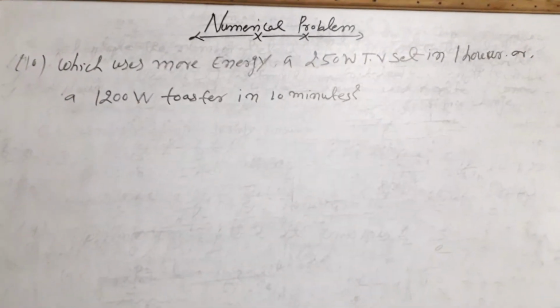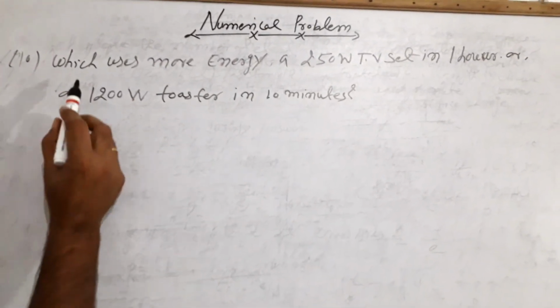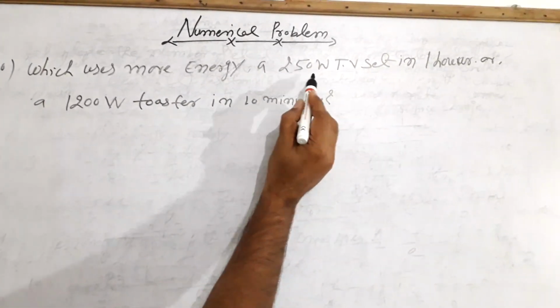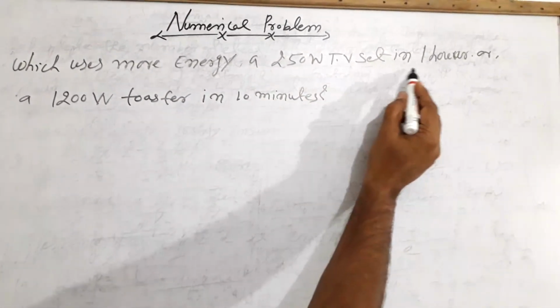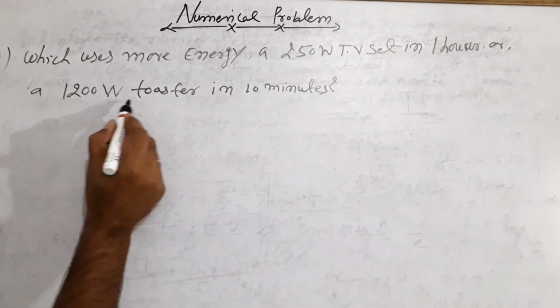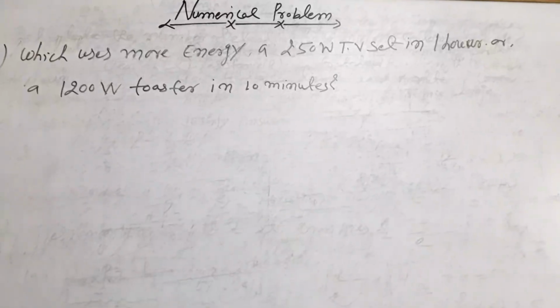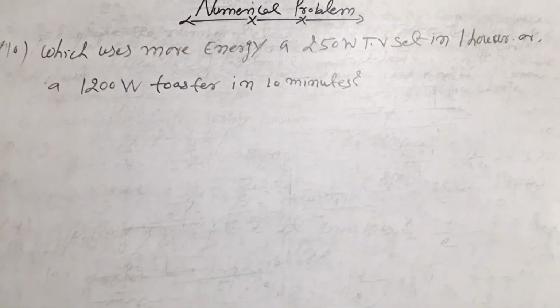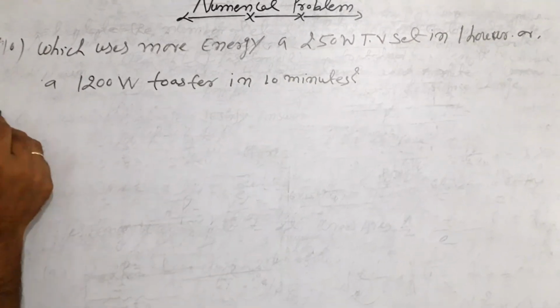Now we discuss question number 10. What is your question? Which uses more energy: a 250 watt TV set in 1 hour, or a 1200 watt toaster in 10 minutes. Your question is which uses more energy. First, the TV set solution.